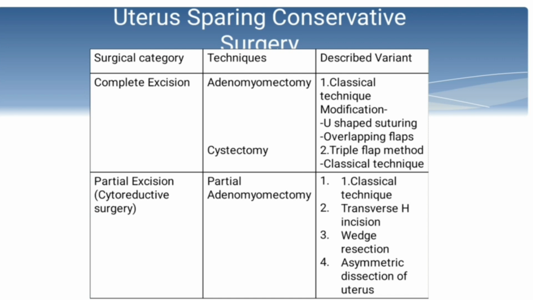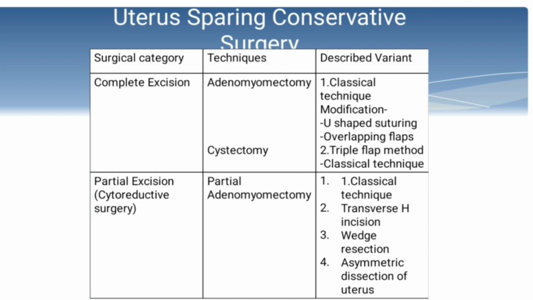In complete excision, adenomyoectomy and cystectomy may be done. Adenomyoectomy technique may be divided into classical and triple flap method. Classical may have modifications that include overlapping flap and U-shaped suturing.